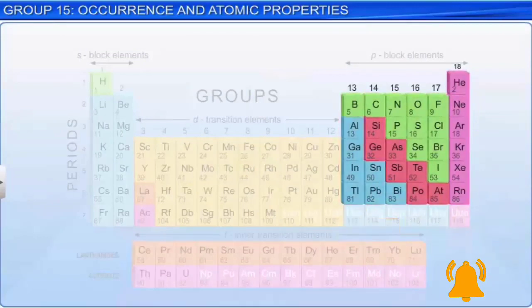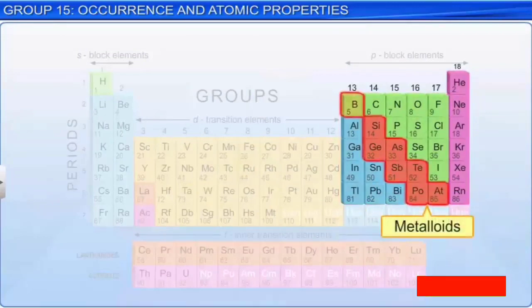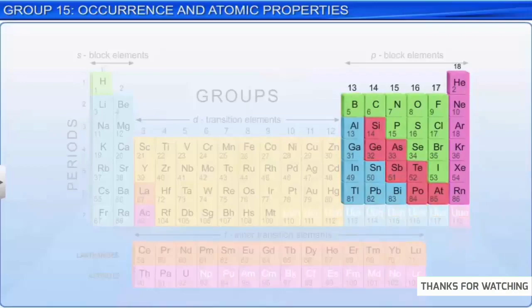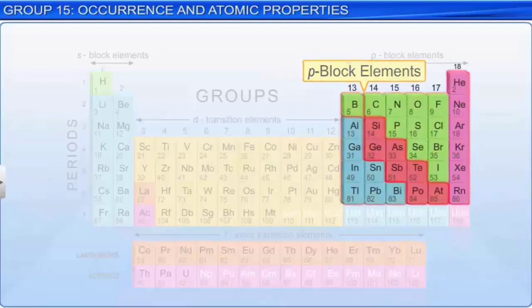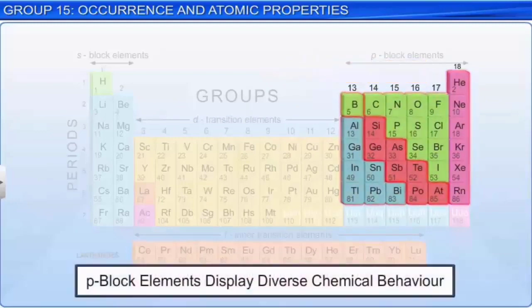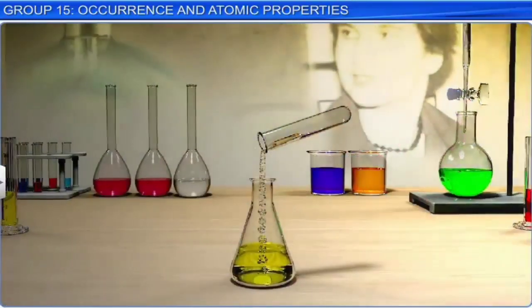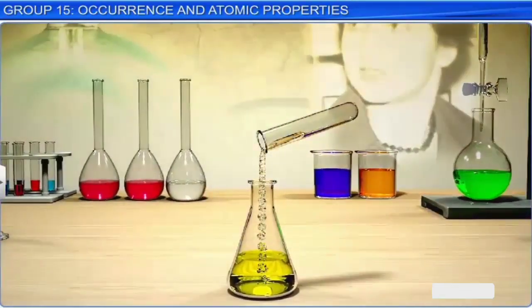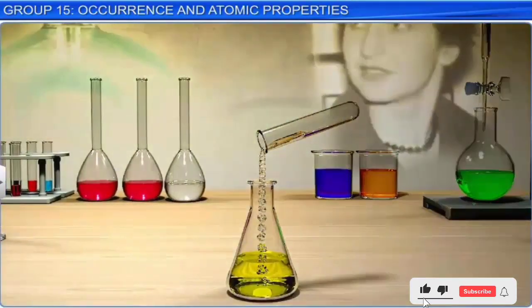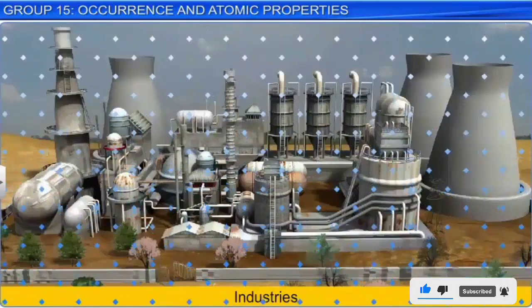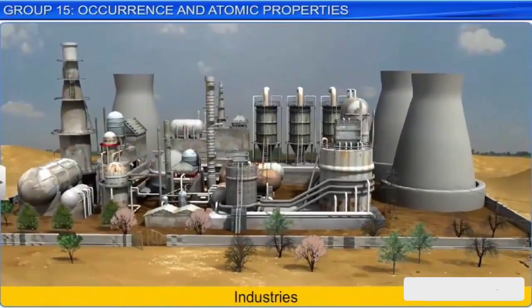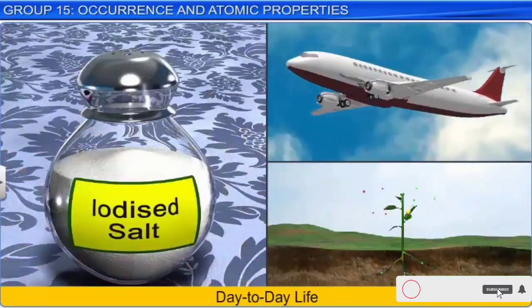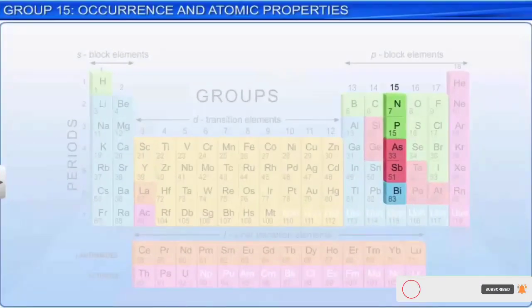Thus, the presence of all three types of elements in the p block of the long form of the periodic table leads to diversification in the chemical behavior of these elements. The study of these elements is an important area in chemistry, as these elements and their compounds have immense significance in industries and our day-to-day life.